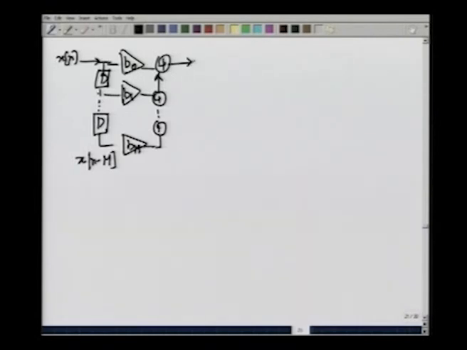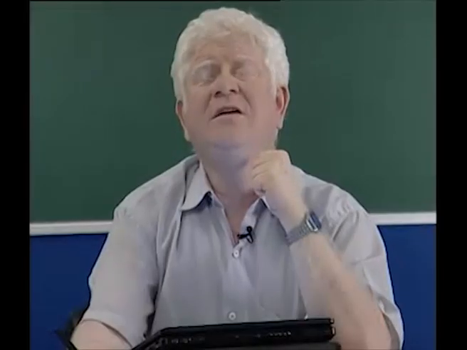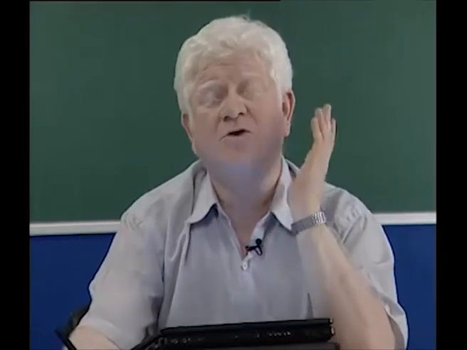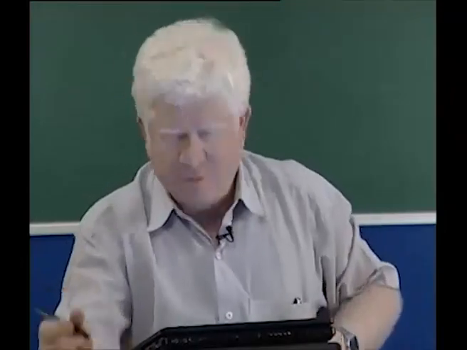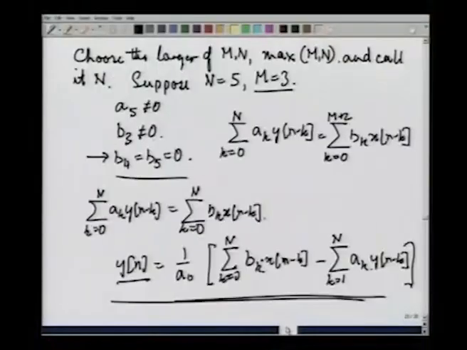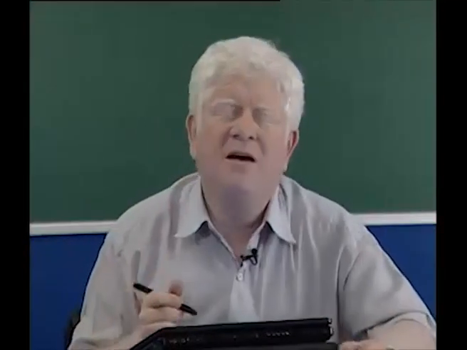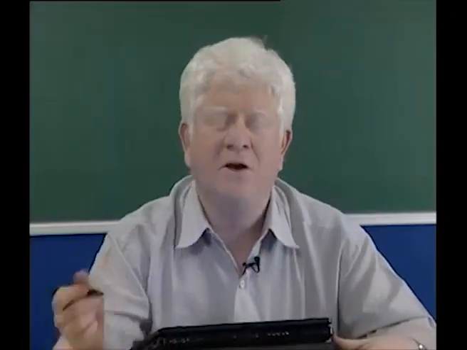This is the summation of the first set of terms. Now, we need the second set of terms. After we add these two, there is still a little more work to be done, but let us construct the second set of terms. The second set of terms, if you look back, has y[n minus k] starting from k equal to 1 to k equals capital N. So, you have various delayed versions of y[n] starting with delay by 1, delay by 2 and so on.